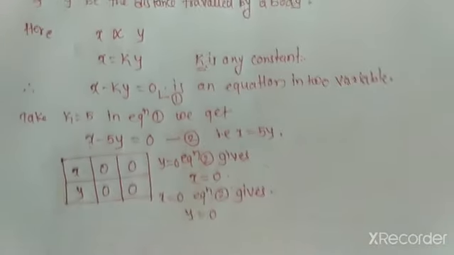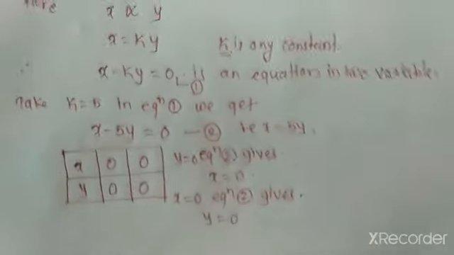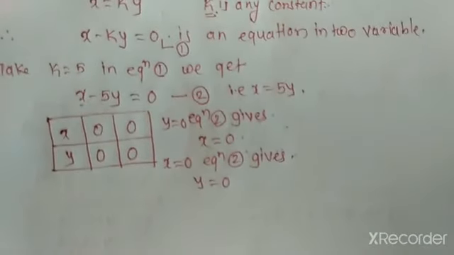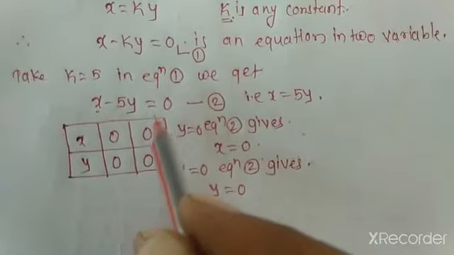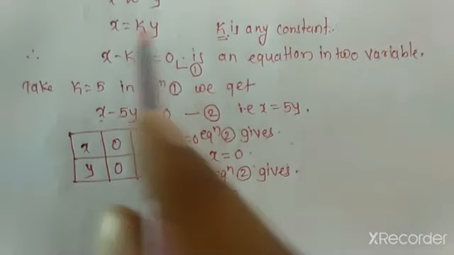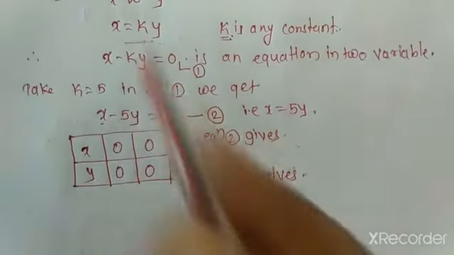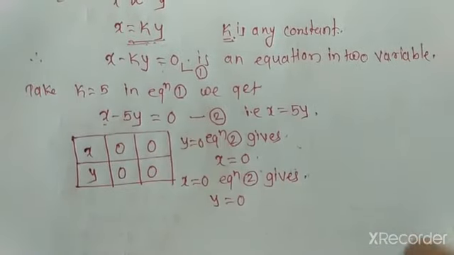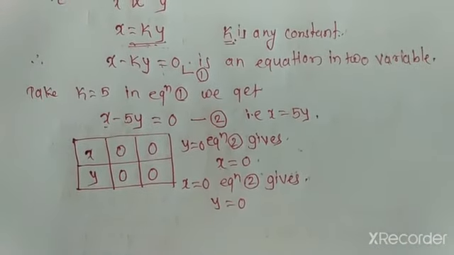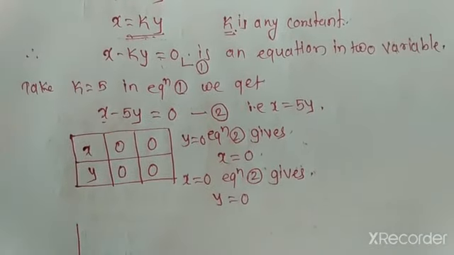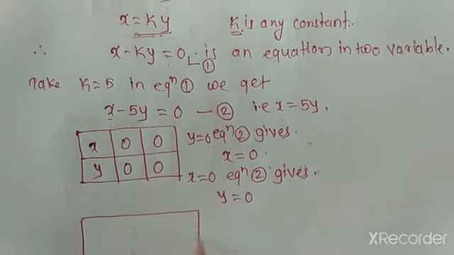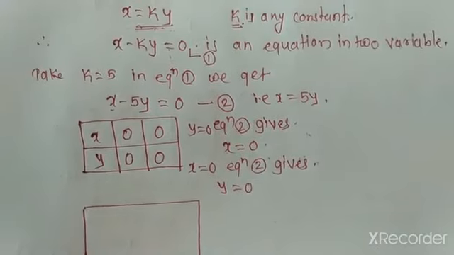So we are getting only one point, which is the origin. Now for this type of example, for x is equal to 5y or x is equal to ky type of graph, we have to take more points such that we can plot on the graph. So for this we will consider more points other than 0.